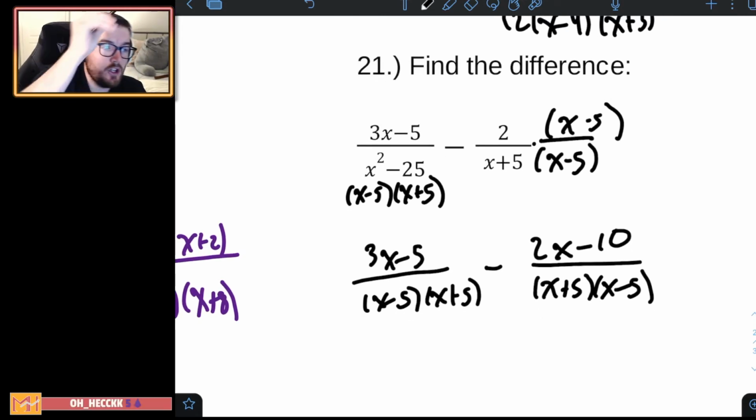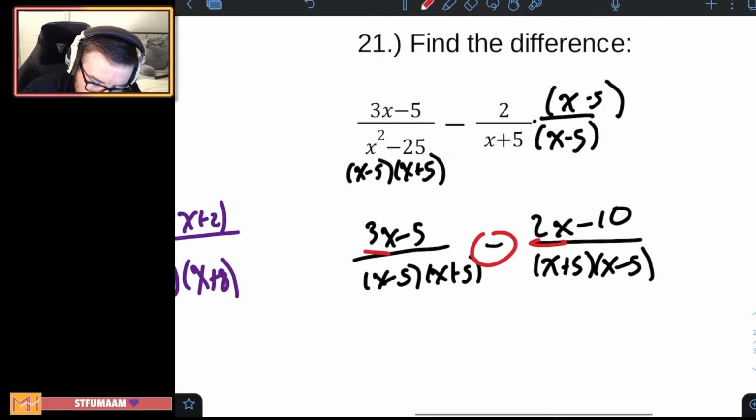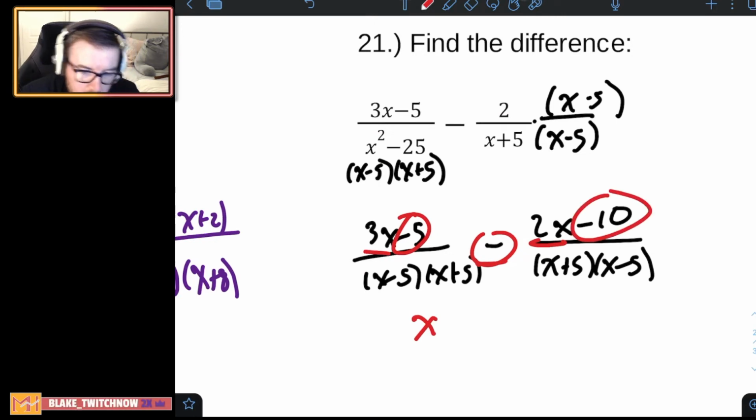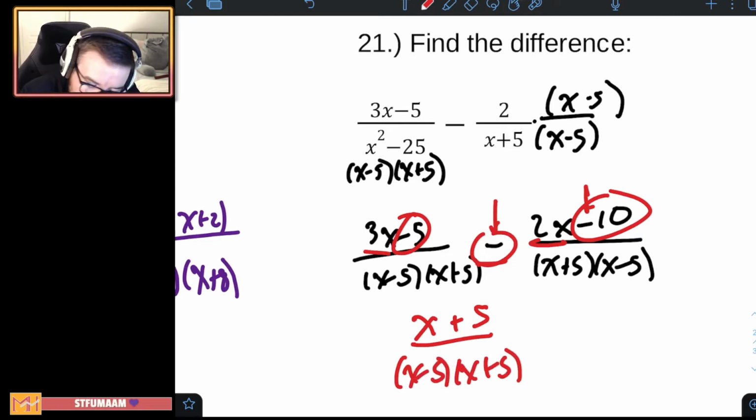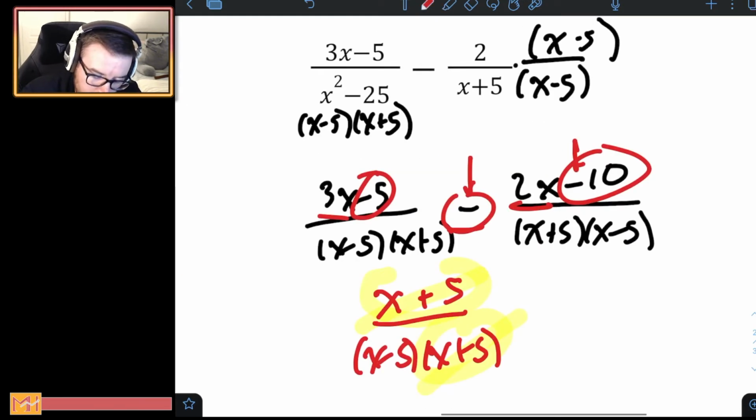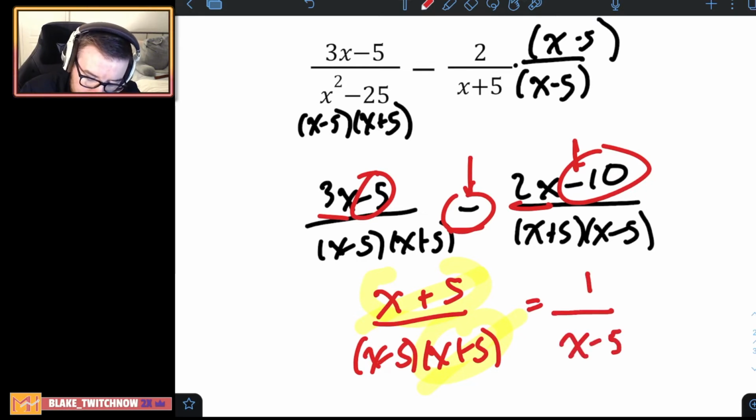So when I said make sure to subtract each and every term, what I mean by that is 3x minus 2x is x, and negative 5 minus negative 10 is negative 5 plus 10, because you're subtracting the negative, which gives me 5. x plus 5, all over x minus 5, x plus 5. And would you look at that, they cancel out. The x plus 5 and the x plus 5, leaving me with 1 over x minus 5.